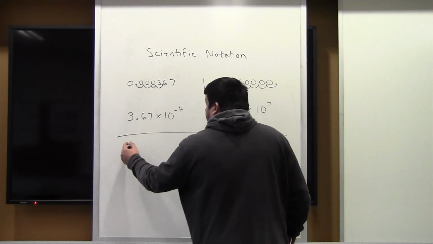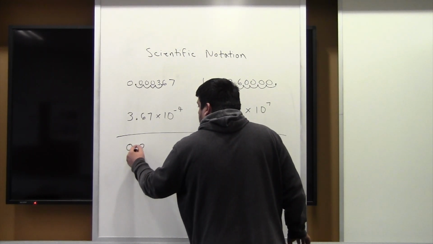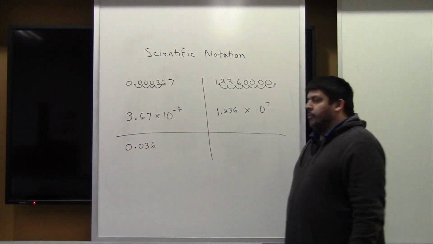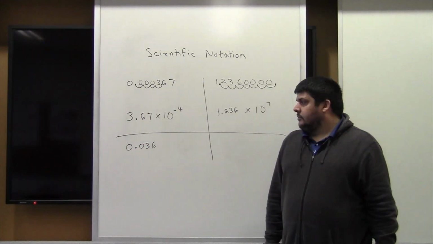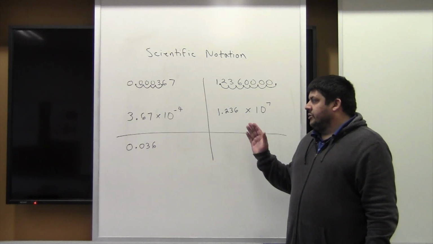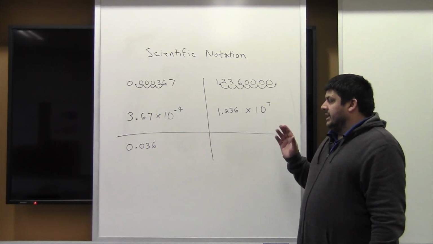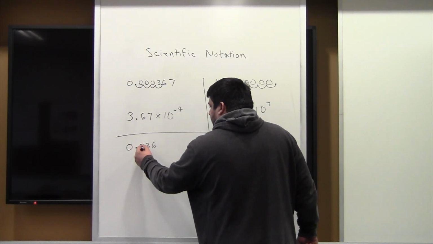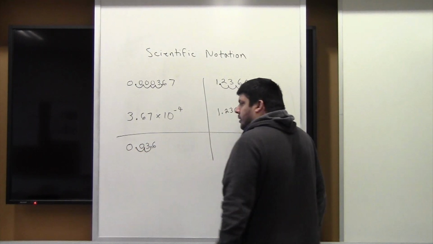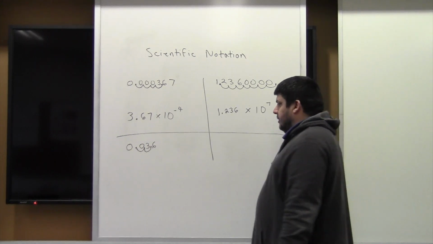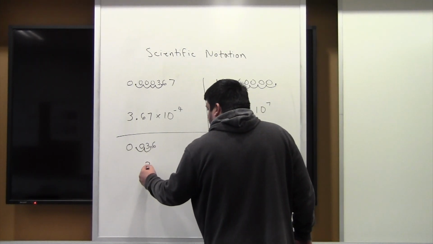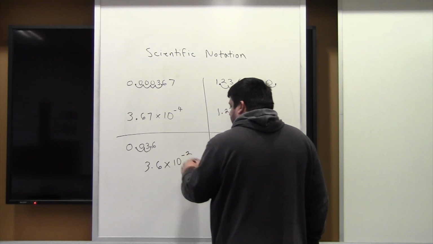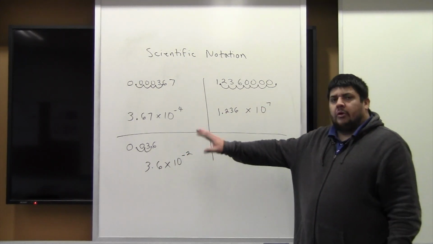Let's say that we have 0.036. We want to move the decimal to the right until it hits the first non-zero. 1, 2. I moved it 2 times. So this becomes 3.6 times 10 to the negative 2. Remember, when it's a decimal to start with, it's negative.